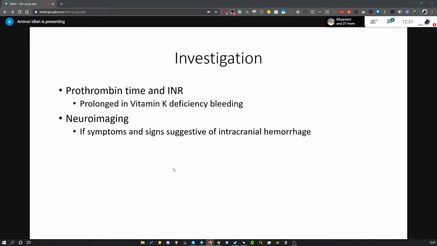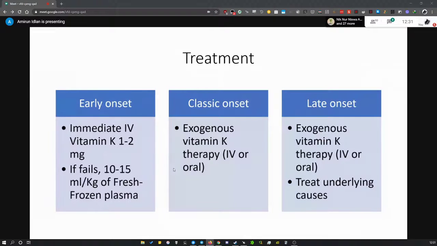Okay, next. For the treatment, I will divide it into early onset, and classic and late onset. For early onset, basically the treatment is just to give immediate IV vitamin K, whether 1 or 2 milligrams. And if the bleeding is severe, we can give 10 to 15 milliliters per kilogram of fresh frozen plasma.